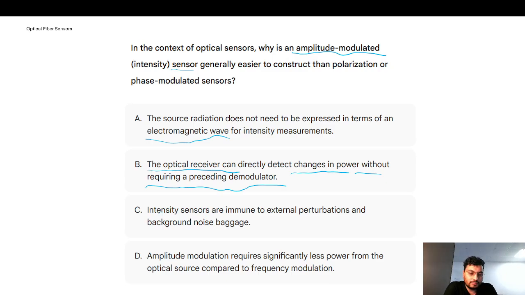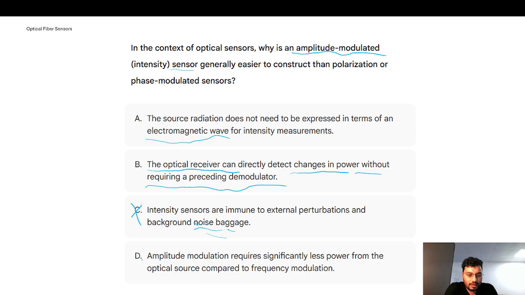Then intensity sensors are immune to external perturbation and background noise. That is not required. Why do we need intensity sensors to be immune to external perturbation? External perturbation and background noise is for the absorption, not for the amplitude modulation sensor.